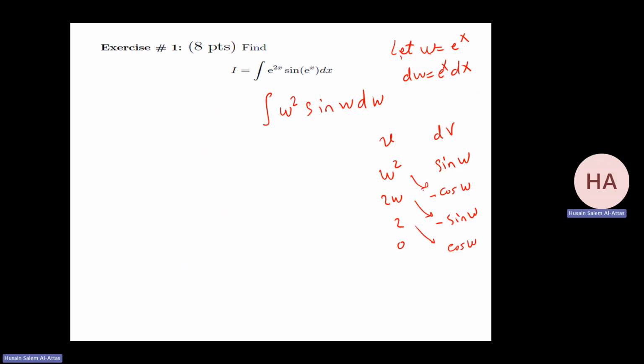So positive, negative, positive. So I have minus w square cosine w, then minus times minus, that will be plus 2w sine w, plus cosine w.